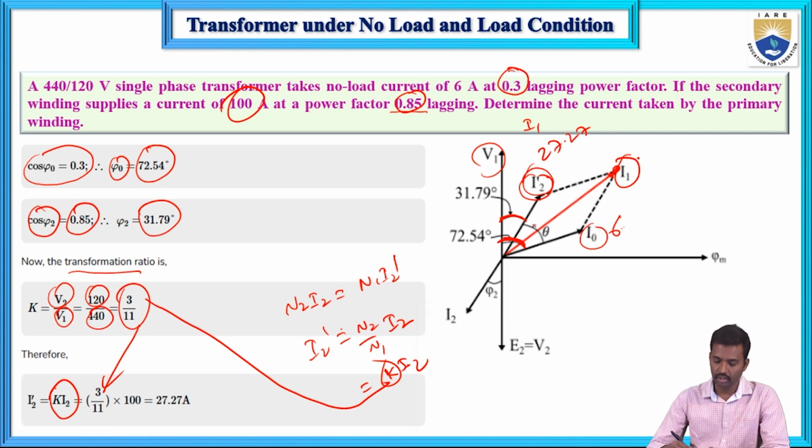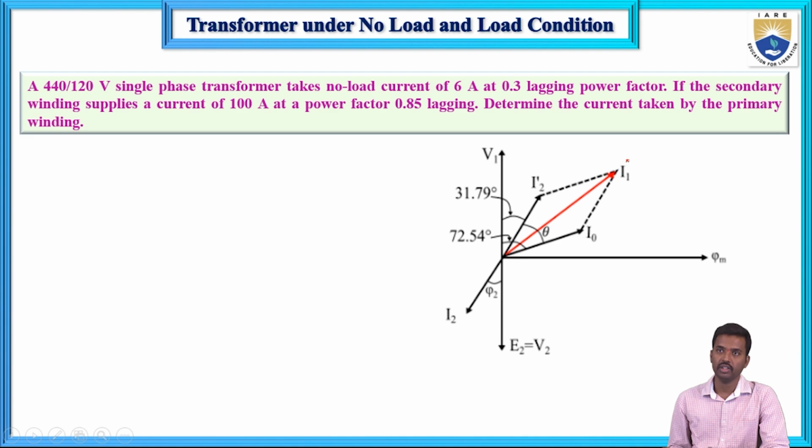Now the angles: this angle is 31.79 and this angle is 72.54. The angle between them is 72.54 minus 31.79, that is 40.75. If you know this angle and these two magnitudes, then you can calculate I1.